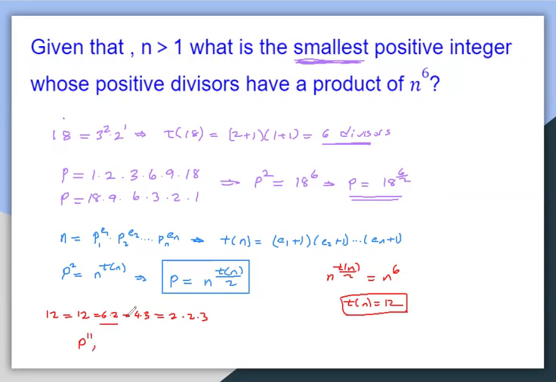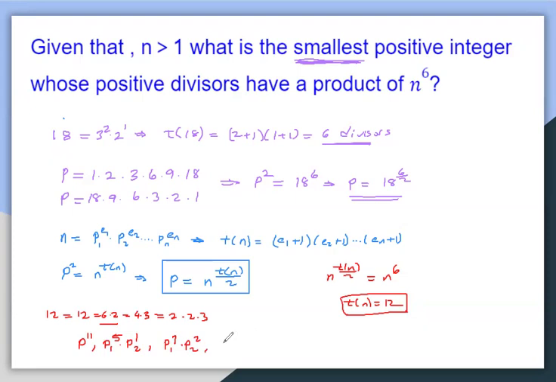Or if you have two different primes as factors, you could have p1 to the 5th power times p2 to the 1st power, because if you increase these by 1, you get 6 and 2. When you multiply, you get 12. Or you could have 4 and 3 after increasing by 1, so you can have p1 to the 3rd and p2 to the 2nd.